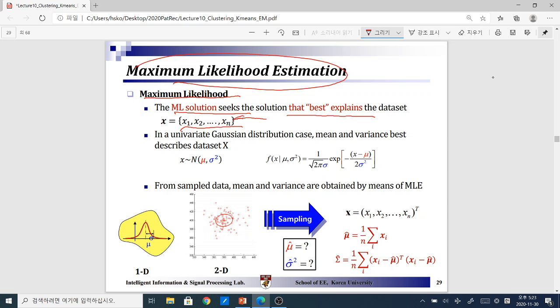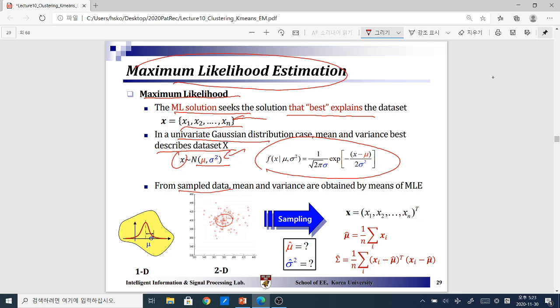The solution that best describes or explains the data set, for a univariate or single-mode Gaussian distribution case, would be represented by the mean and the variance that best describe the data set. So each sample, let's assume, can be modeled with a single Gaussian distribution.